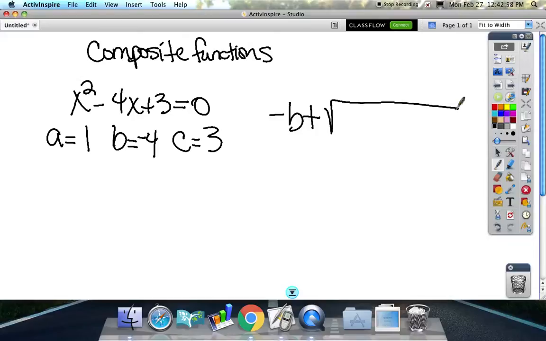Fraction key, negative B, square root of what? No, not two negatives. I'll tell y'all, but don't get ahead of me. Negative B plus square root.